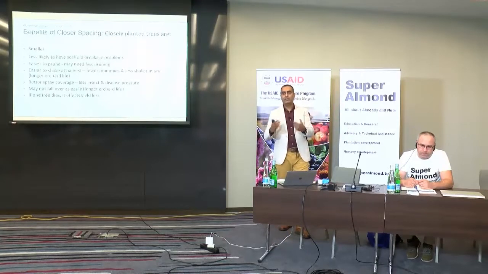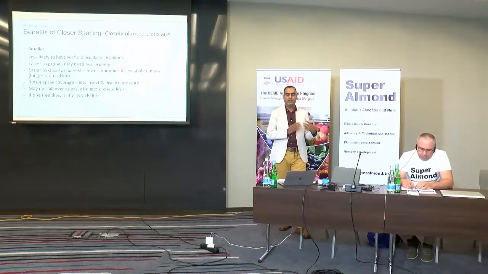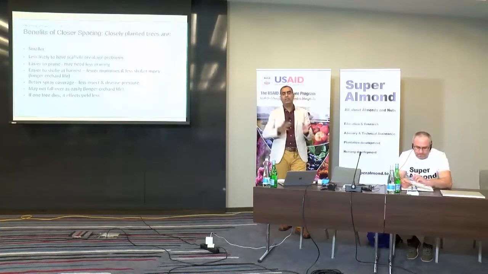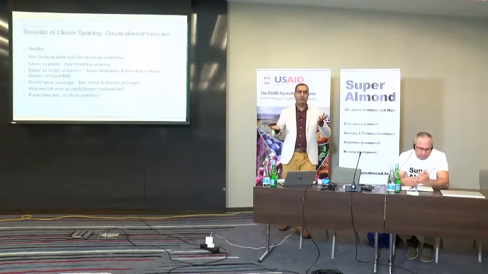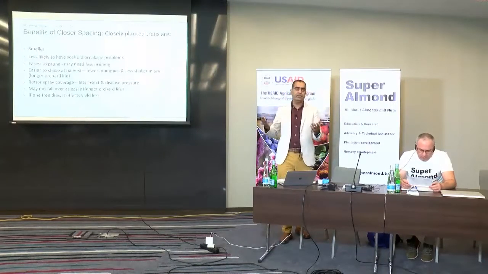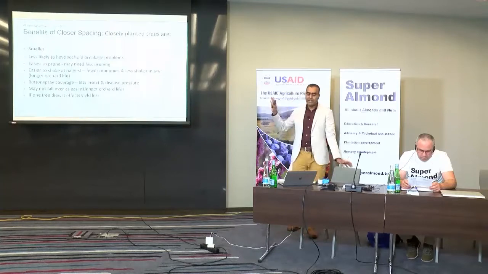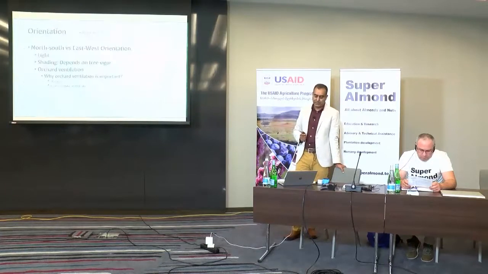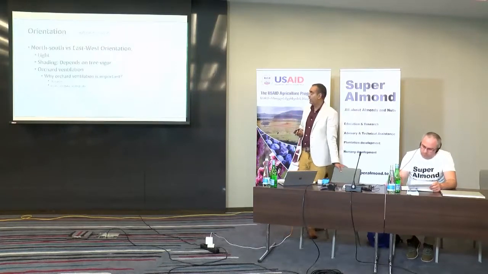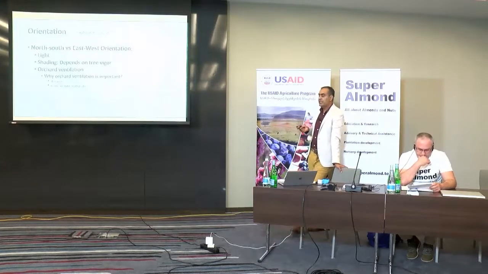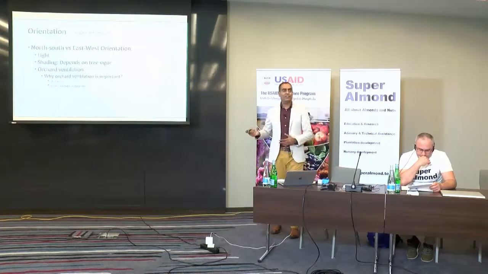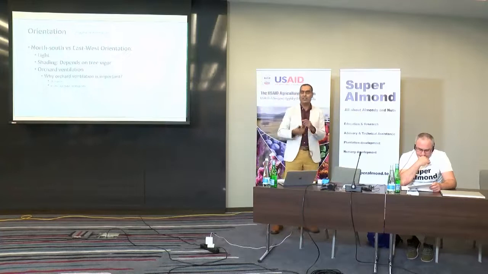So the closer spaced trees give you greater yield early on, but eventually, as the canopies fill the space, the overall total yield that you get for the life of the orchard is still in the same ballpark. So that is the result from this trial.